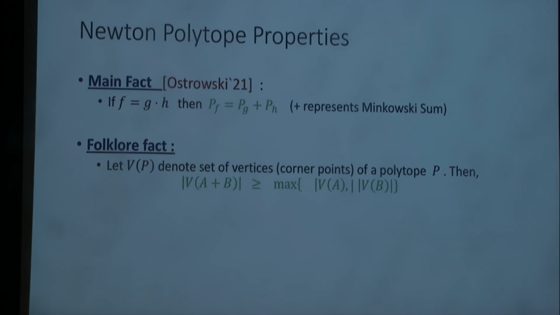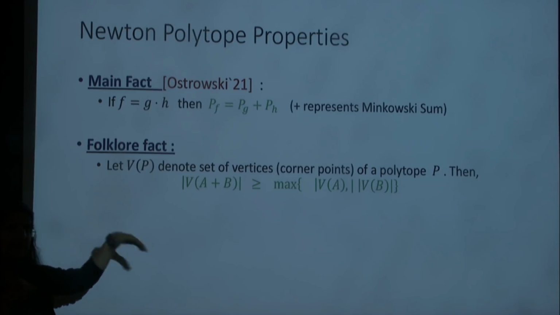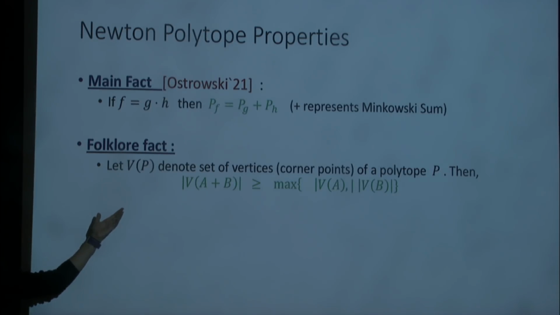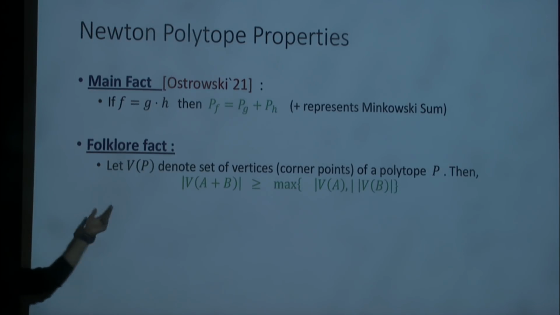That's the Minkowski sum. Now look at the number of vertices in A plus B. This is at least the number of vertices in A and at least the number of vertices in B. So the number of corner points can only go up, it can't go down. Again, it's a half a page or less proof, not too difficult to show. If there's time and interest at the end, I can prove it. It's a fun exercise in convex geometry.